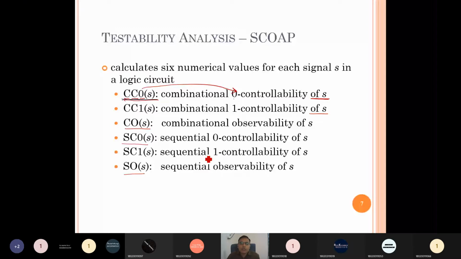We only have to find the combinational controllability and observability. But any sequential circuit has a combinational circuit and some memory or clock block, so there we get combinational as well as sequential controllability.